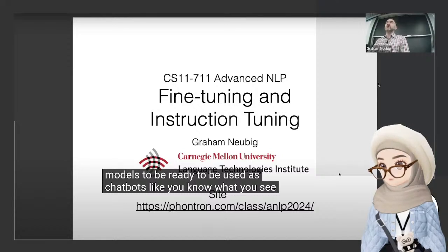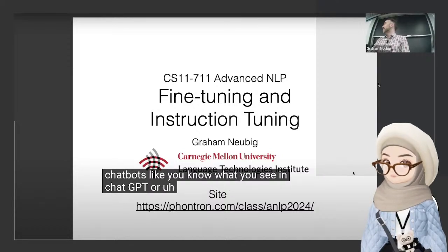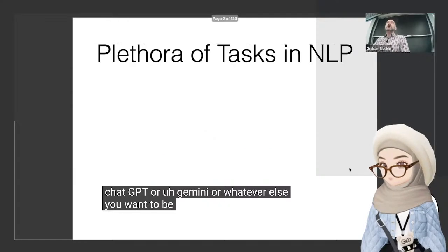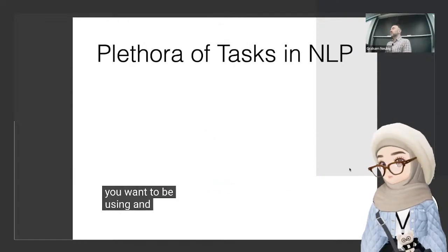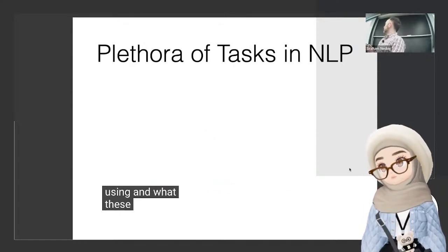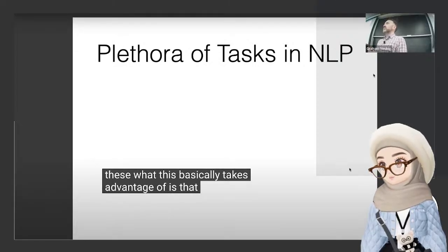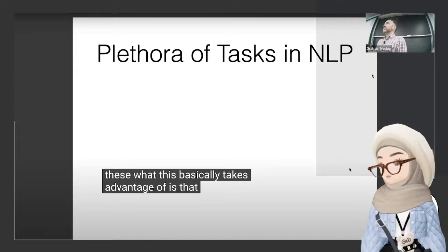Play. You see in ChatGPT or Gemini or whatever else you want to be using. And what this basically takes advantage of is that... Are we talking about things that are not just NL chatbots? I like the word plethora. Okay. Okay.